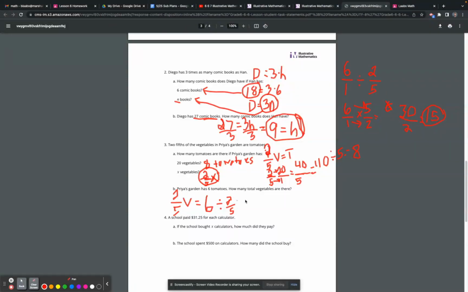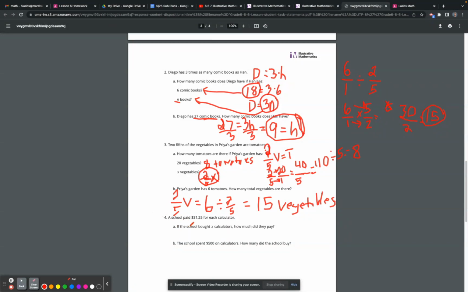So that is my answer to this problem. There are 15 total vegetables in the garden if Priya has 6 tomatoes. Yeah, you get what I'm trying to do.